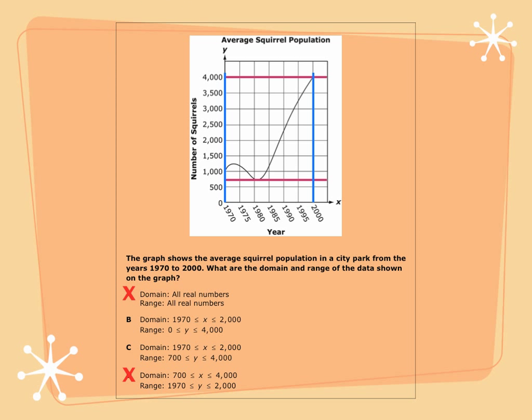So my range needs to go from somewhere between 500 and 1,000. And if you look at your choices, B says the range goes from 0, and C says the range starts at 700. So my best answer is going to be C, the domain of 1970 to 2000, and the range of 700 to 4,000.